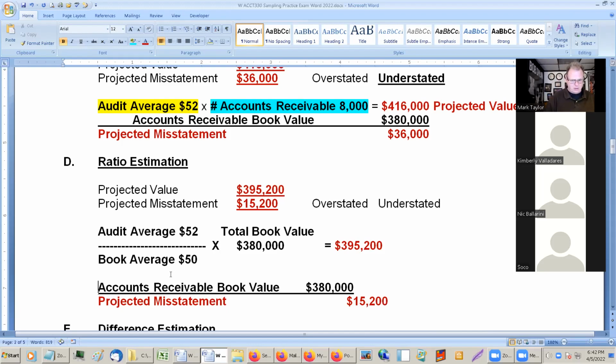Understated again. Yeah, we're saying it should be 395. They're saying it's 380. So this is understated by 15,200.